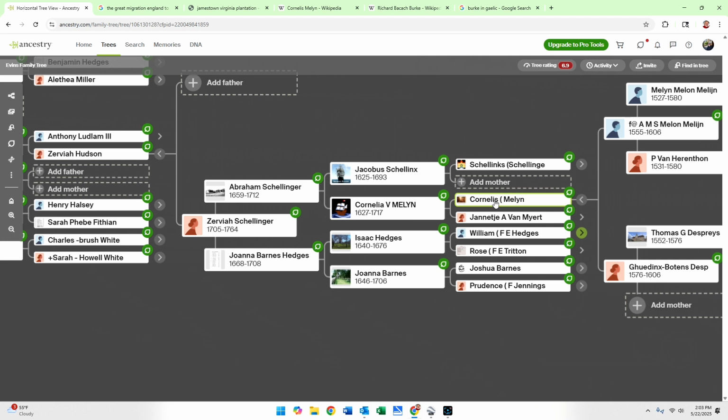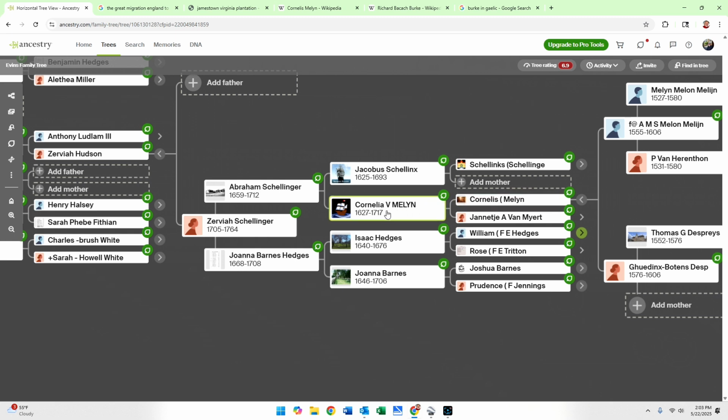He was put on trial for insubordination. So all sorts of things happened to him. And in the end, he got so fed up with the Dutch that he went over to the other side. He declared himself English and decided that he was going to serve on the English side. And eventually what happened is New Amsterdam gave way and the British took it over. And Cornelius Mellon was there to receive it.